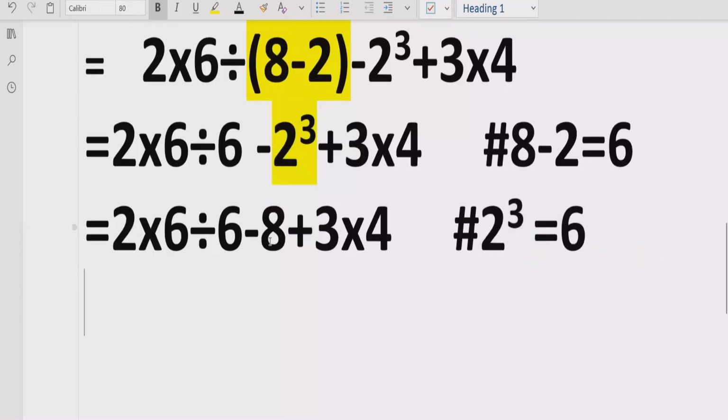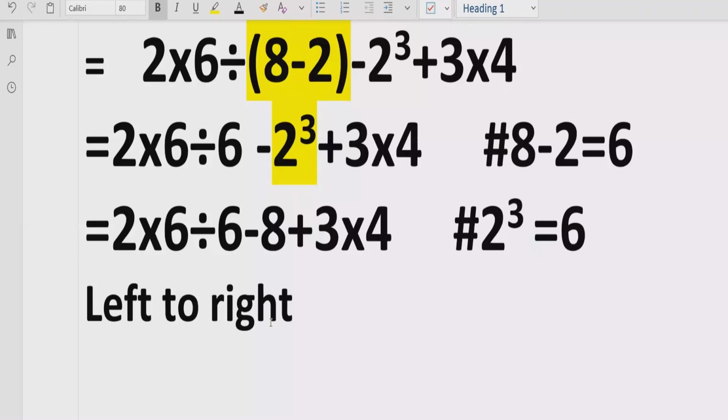Now we have solved the bracket and also the exponent part. Now we have to solve step number 3, division and multiplication. We will go left to right in this expression and find out which is coming first, division or multiplication.